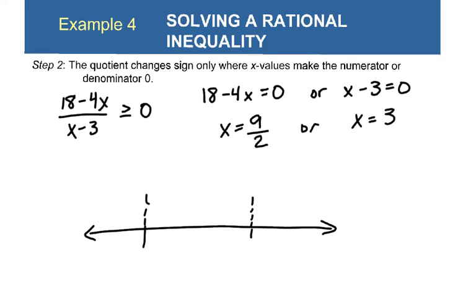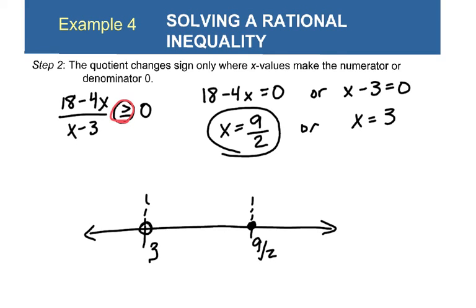Well, remember, x equals 3 is our asymptote, and if we were to graph it, we would see it's not included in the values that we are looking for in our intervals. And then this value, 9 over 2, is included because of this symbol right here. It's a greater than or equal to symbol. So that is our 9/2, and this is our 3 over here.